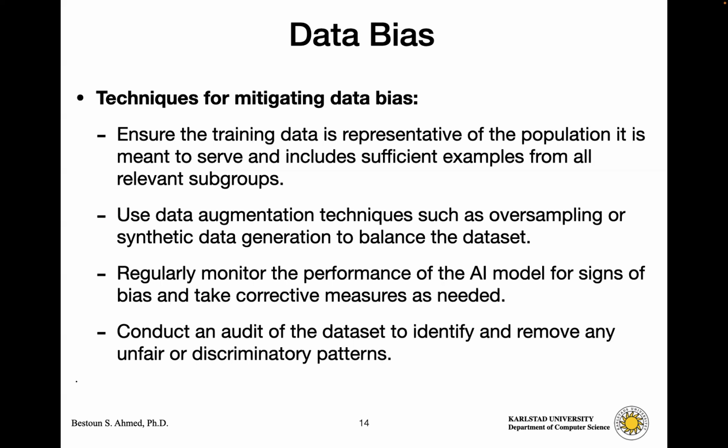One technique is data augmentation: when you have less data for some population, minority, or group, you can increase this data by data augmentation. Also, monitor the performance of the AI. There are many techniques you can use to measure bias. Audit the data set to identify and remove any unfair or discriminatory patterns.